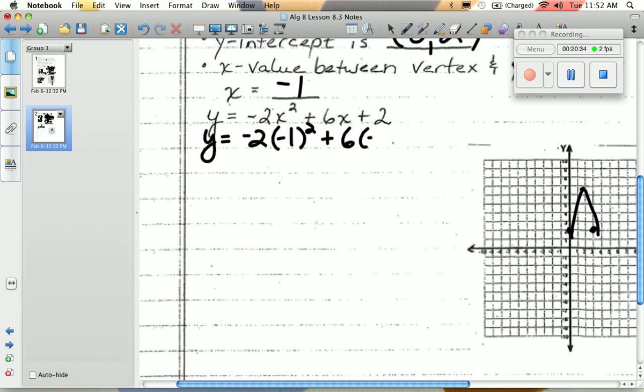In all reality, you can pick whichever one you want, but you do have to be a little bit careful because you might pick one that'll give you such a big y value it'll fall off the graph. Let's see what happens. So -2 times... what's (-1) squared?